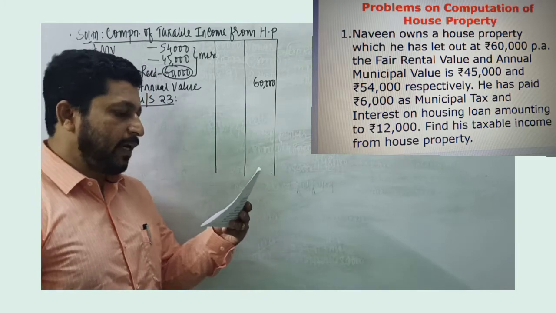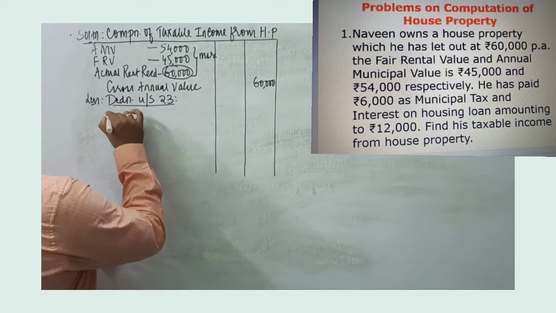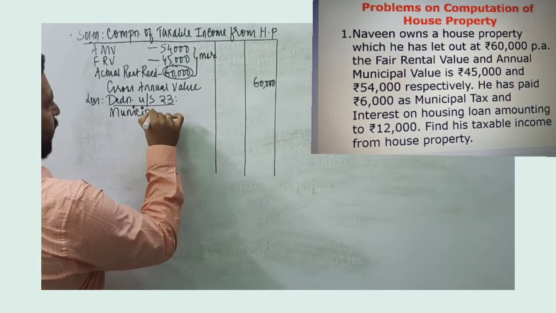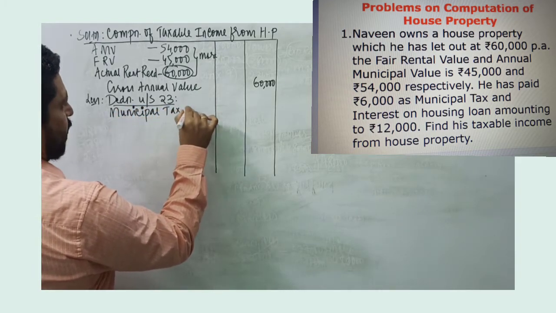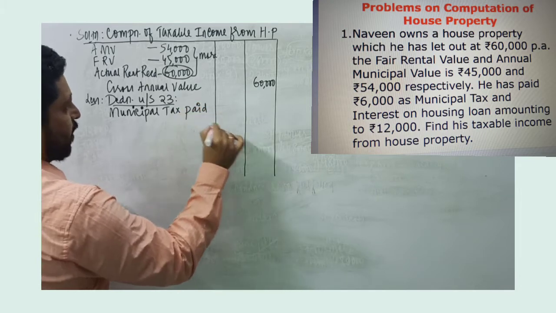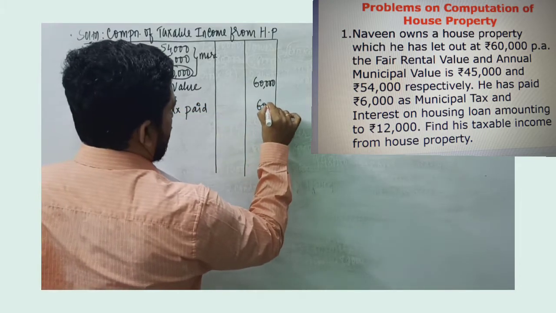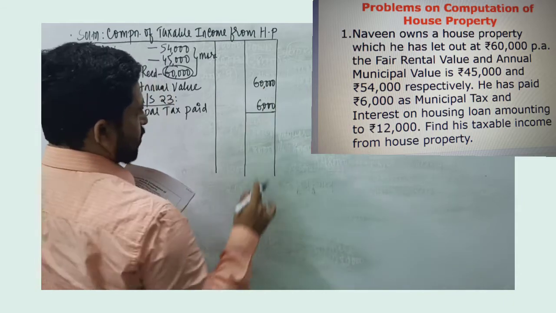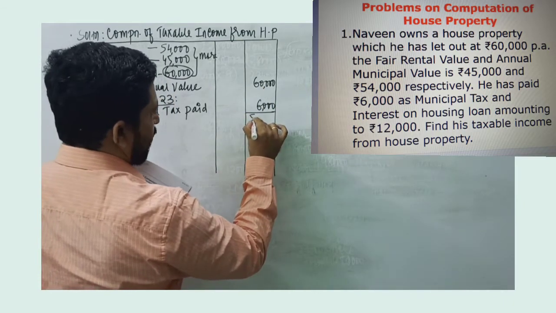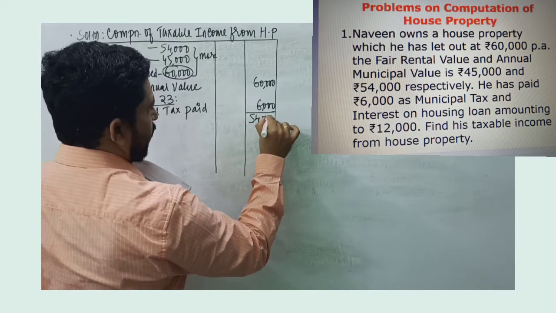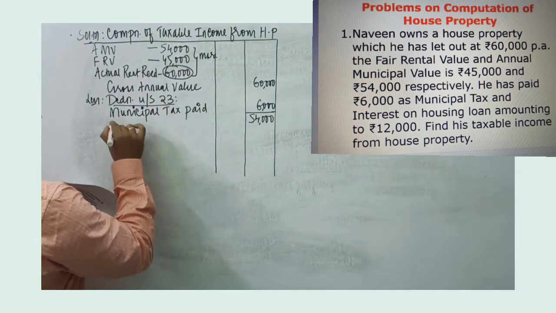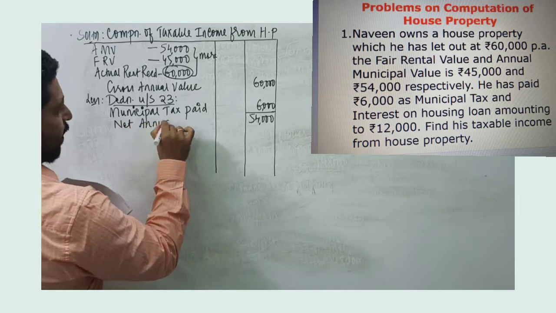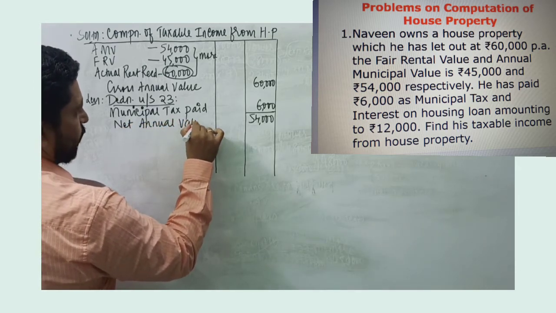It's given he has paid rupees 6,000 as municipal tax. So I record over here municipal tax paid, 6,000. I deduct it from the gross annual value and I get 54,000, and this 54,000 is taken as the net annual value.